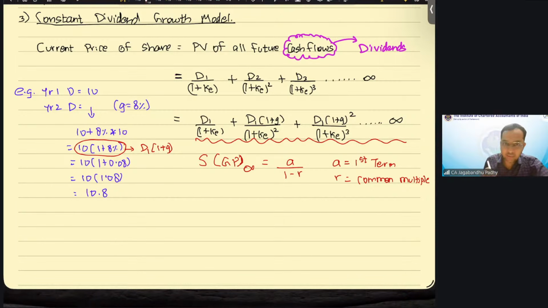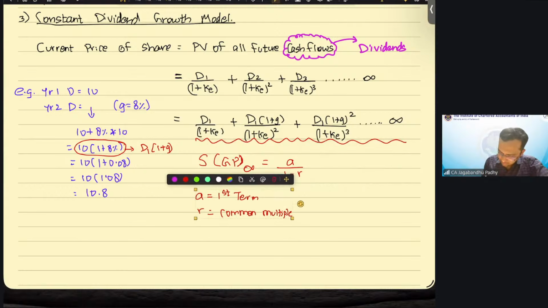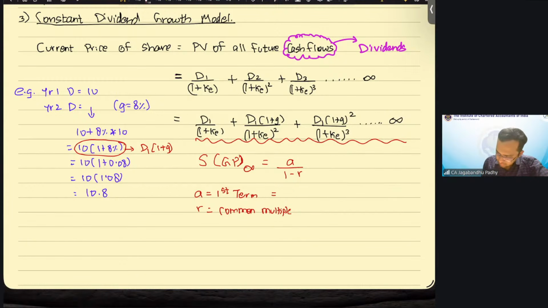So in our series, A being the first term, it is D1 upon 1 plus K. And R being the common multiple, what is the common multiple over here?